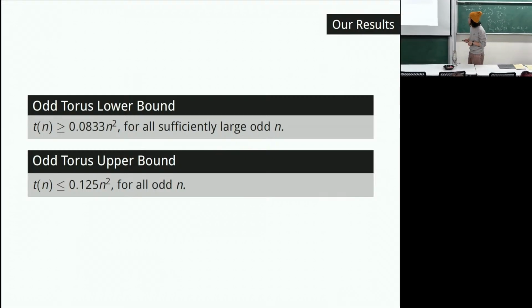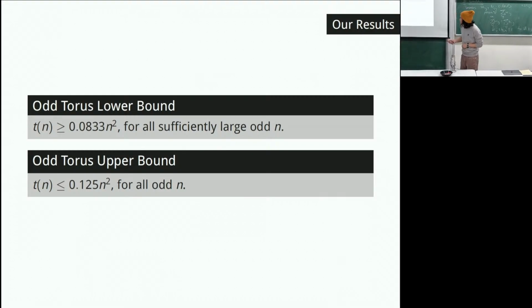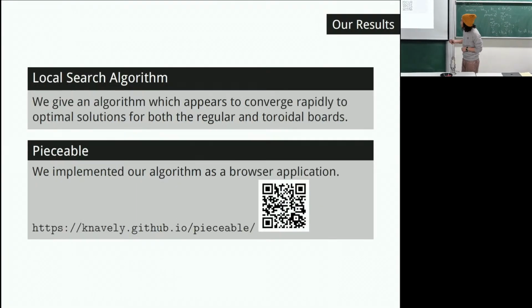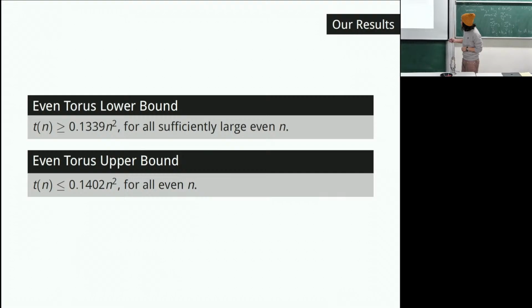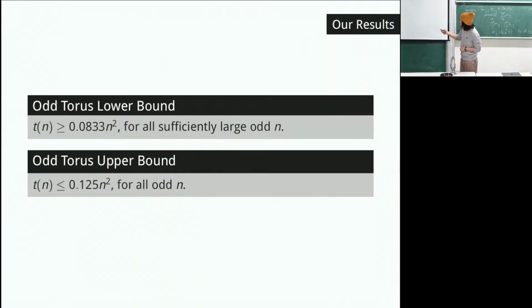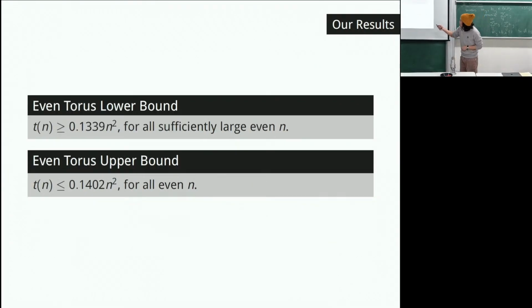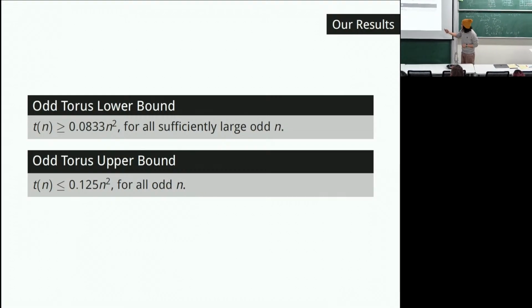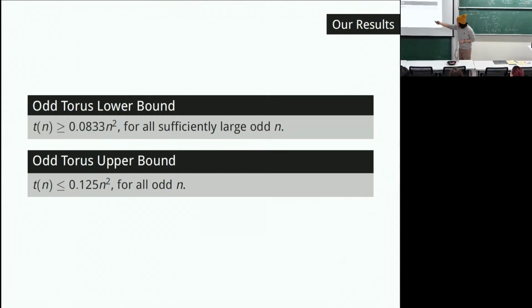We have a bigger gap, and if you're perceptive, you notice that our lower bound for the even torus is actually higher than our upper bound for the odd torus.